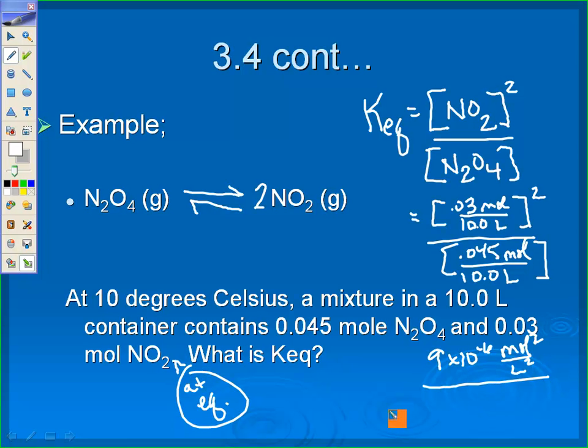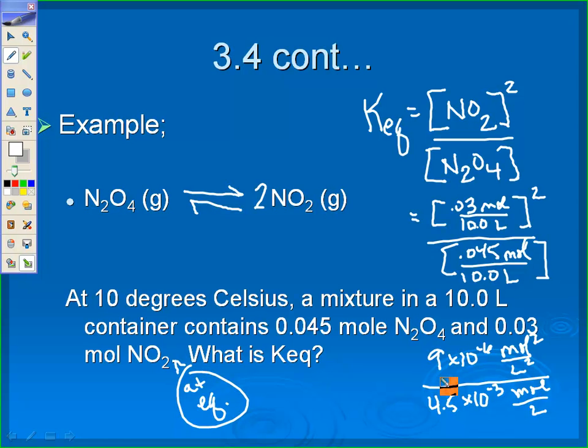And we're going to divide that by 0.045 divided by 10, which is 0.0045. So we're going to just divide it by 4.5 times 10 to the negative third, and units there would just be moles per liter because it's not squared.